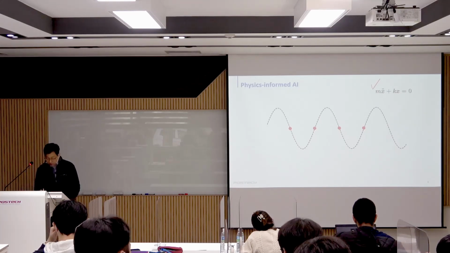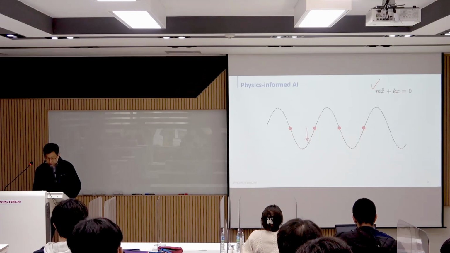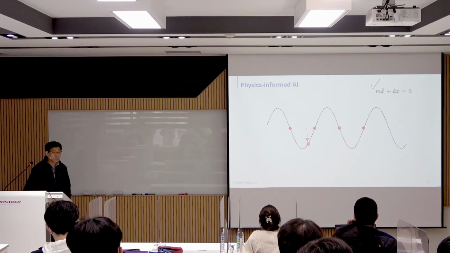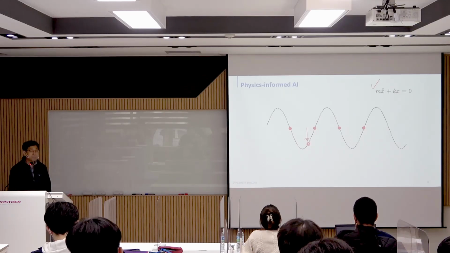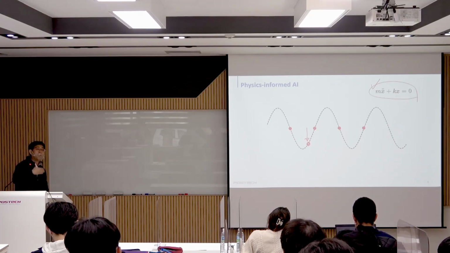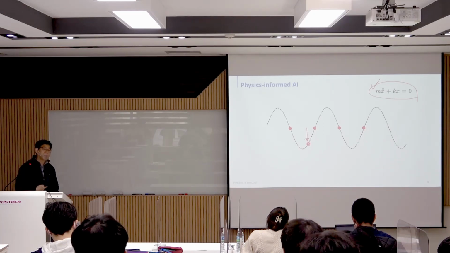Again, if we know that, probably here, this could be the more reasonable prediction or estimated value. Why is that possible? Because we have additional information related to the system, related to the physics of that system.